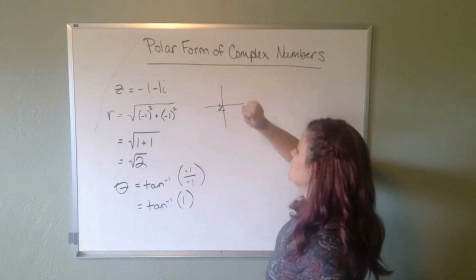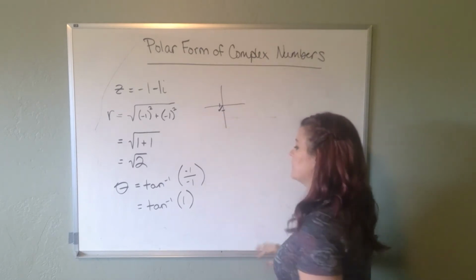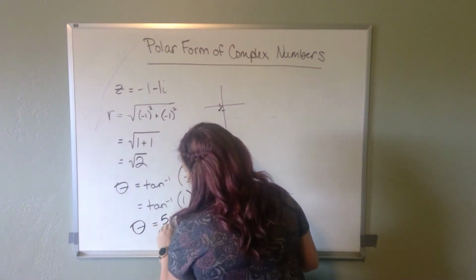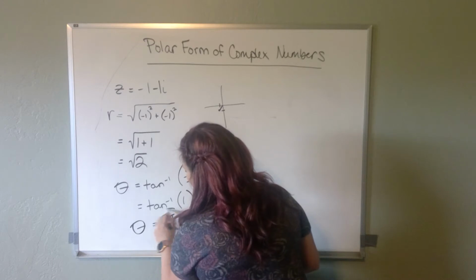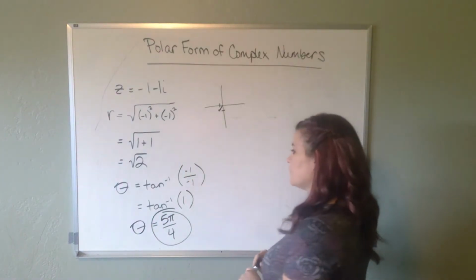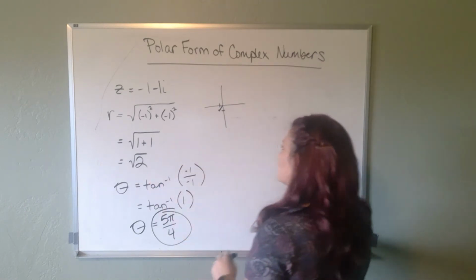It's going to be 5 pi over 4, the one in the third quadrant. So theta is 5 pi over 4. So we always want to make sure our angle actually matches the little picture. But r is square root 2, theta is 5 pi over 4.